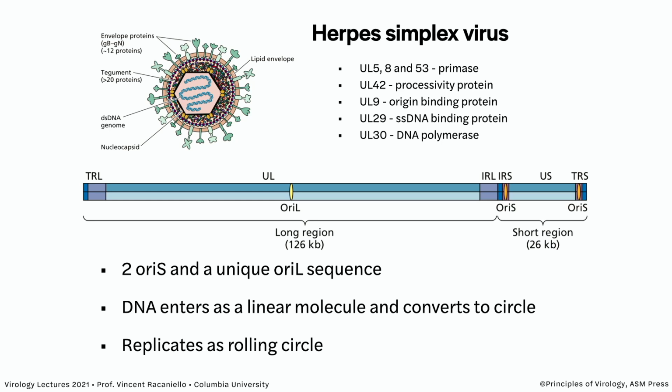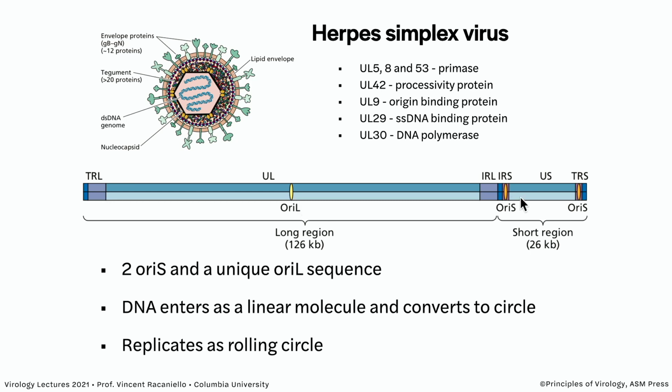Herpes simplex virus, we're getting bigger and we encode more replication proteins. Remember, this was an envelope virus with its nucleocapsid inside, double-stranded DNA inside the nucleocapsid, and the DNA is a double-stranded linear molecule, very much like adenovirus, except longer, as you can see here.